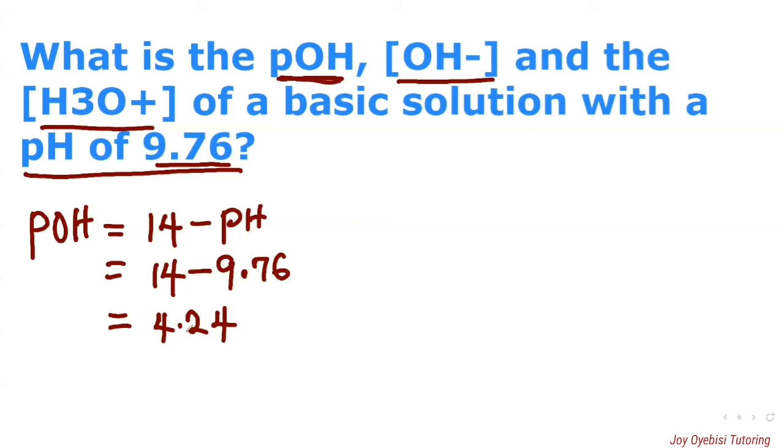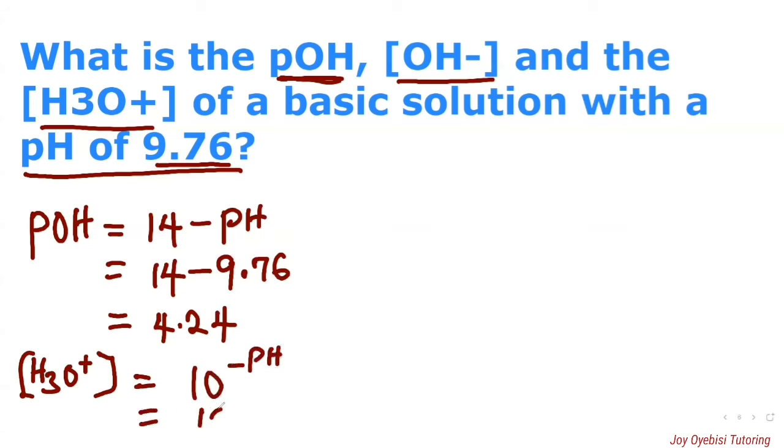Now let's go ahead and calculate the hydronium ion. So H3O plus is equal to 10 raised to power negative pH, right? So if my pH is 9.76, I'm going to say 10 raised to power negative 9.76.